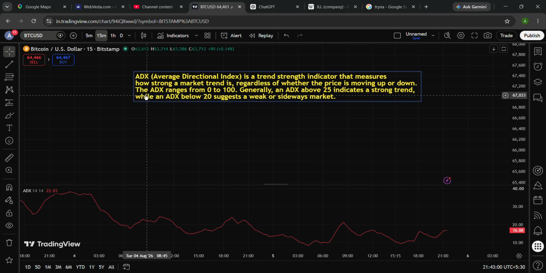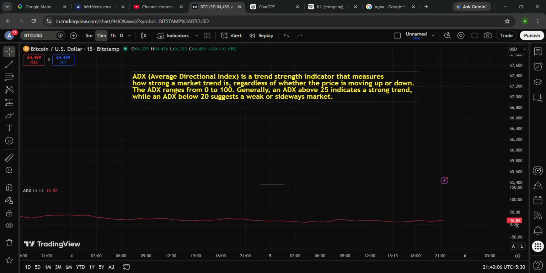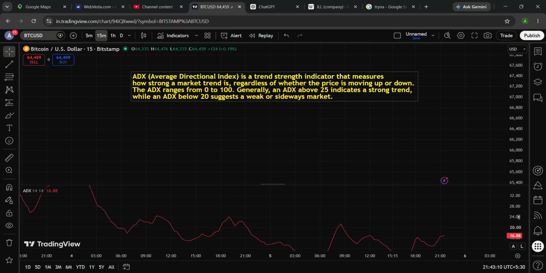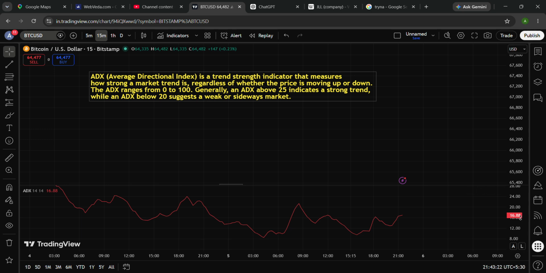The ADX ranges from 0 to 100. As you can see, this is 0 and this is 100. ADX moves between 0 and 100. Generally, an ADX above 25 indicates a strong trend. ADX is now at 16.88, and it tells us that ADX above 25 is a strong trend.